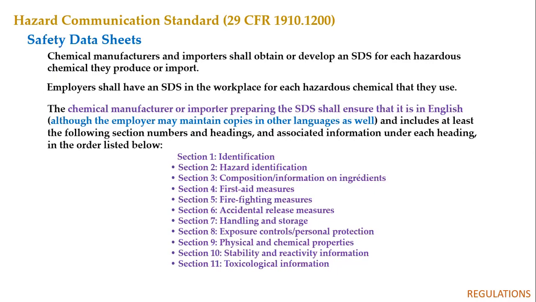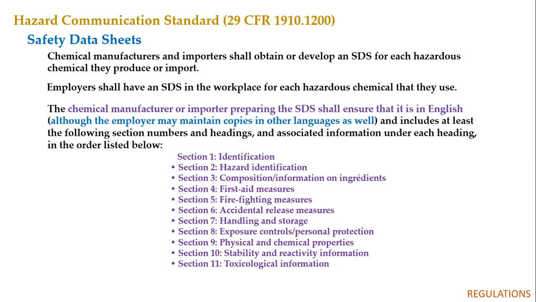Now the next is the safety data sheet. The chemical manufacturers and importers shall obtain or develop a safety data sheet for each hazardous chemical they produce or import. The employers shall have a safety data sheet in the workplace for each hazardous chemical that they use.